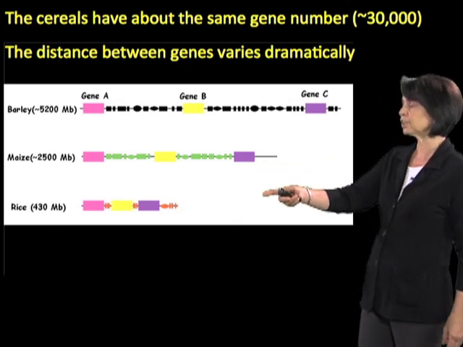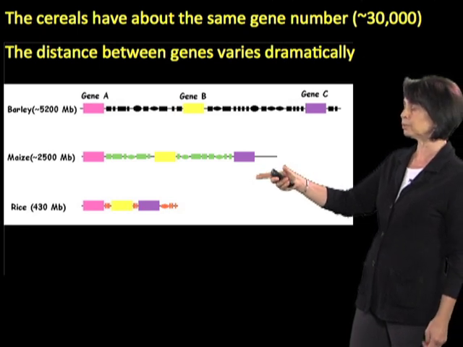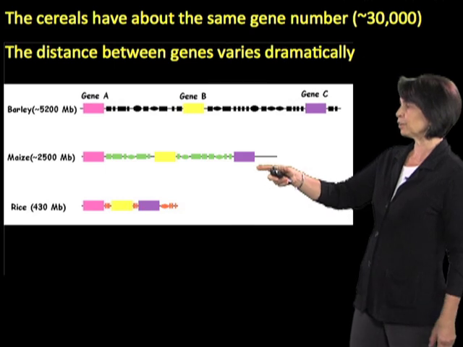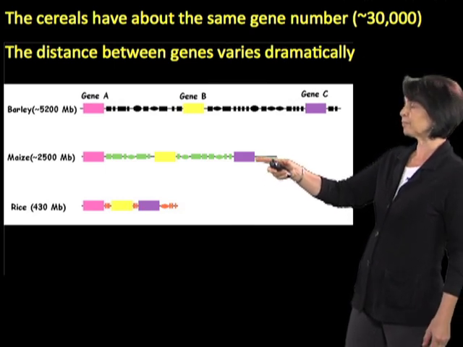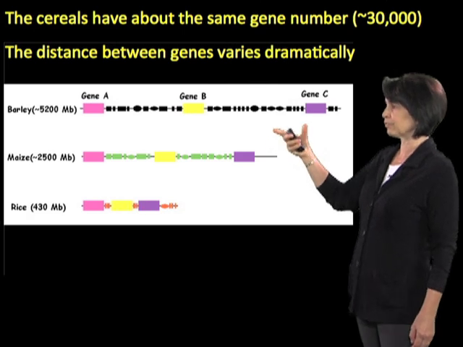So in rice, you could see with the smallest genome, I've shown 3 genes there in pink, yellow, and blue, that are pretty close together. In maize, those genes are further apart. And in barley, those genes are even further apart.